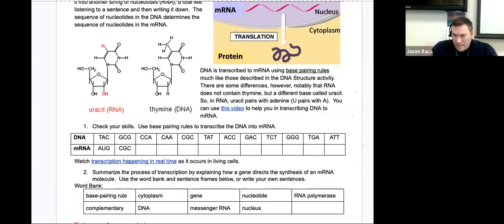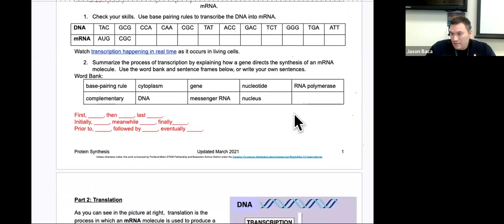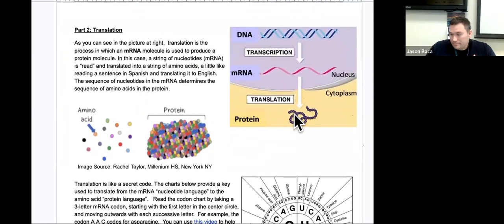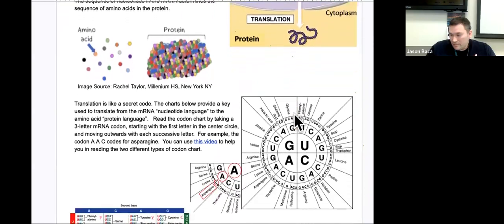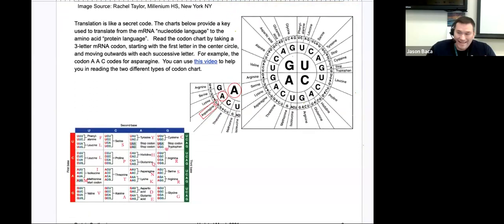And so we go through that, and I wouldn't call it a lecture, but it's definitely a back and forth where I'm talking to my kids about what is occurring. And then they go and do activities like this. If you go down a little bit further, you can see that they can use the little circle thing there to translate into the particular amino acids based on the letters, from the middle out.